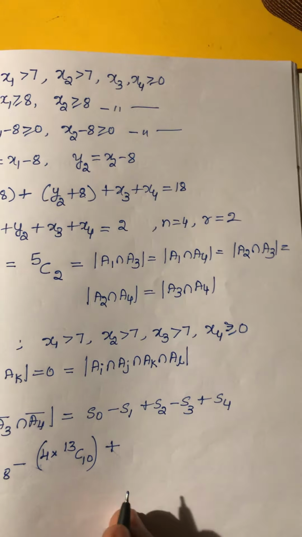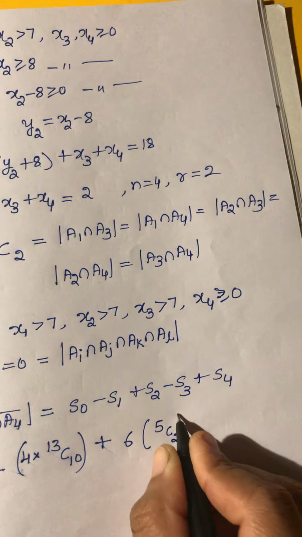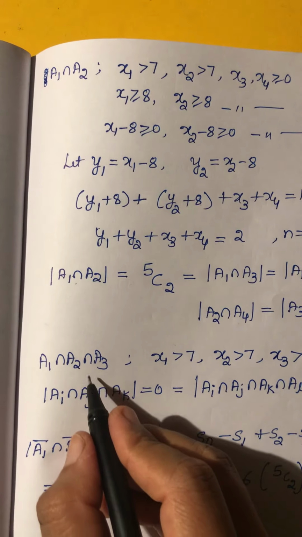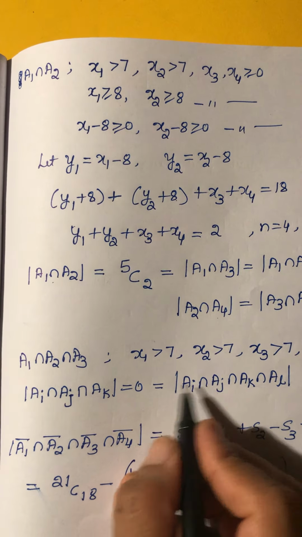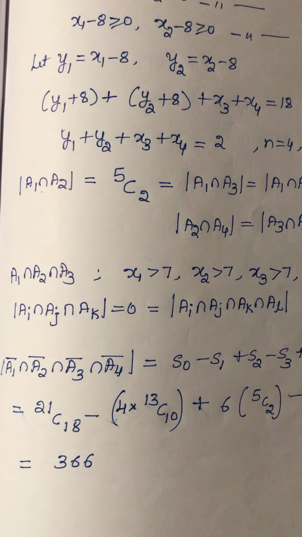Okay. So 6 times 5C2. Okay, then comes S3, but S3 we have seen it is 0, S4 also it is 0. So minus 0 plus 0. Calculate this. I think this comes around 366. Okay, you just check it. Okay, thank you guys.